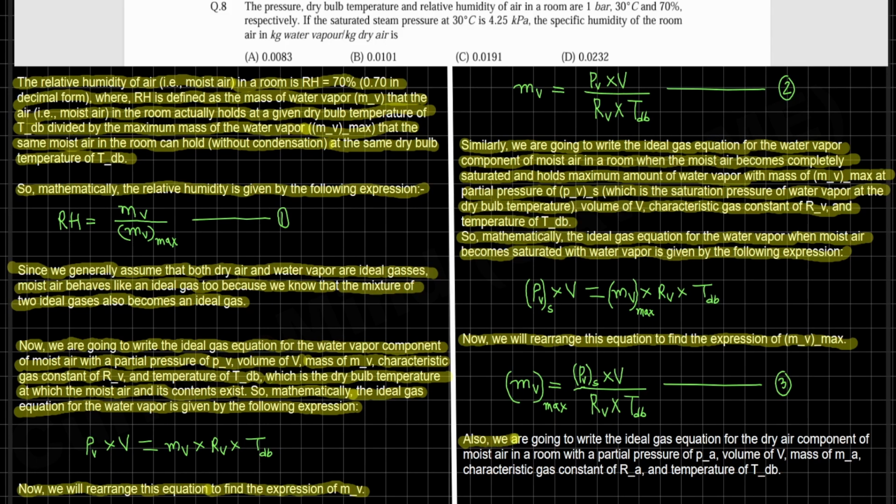Also we are going to write the ideal gas equation for the dry air component of moist air in a room with a partial pressure of Pa, volume of V, mass of Ma, characteristic gas constant of Ra, and temperature of Tdb.